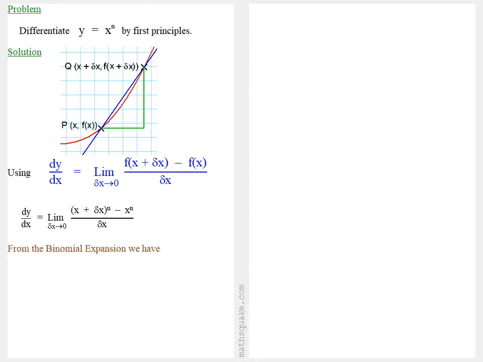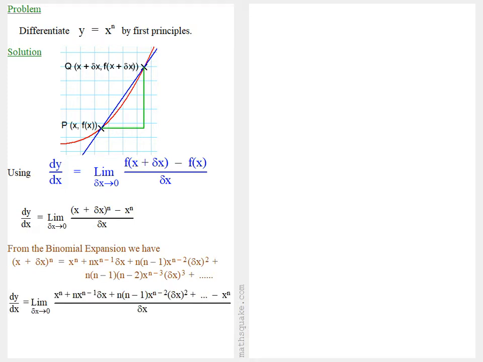Now we can expand the bracket using the binomial expansion. x plus delta x to the n is equal to x to the power n plus n x to the power n minus 1 delta x plus n into n minus 1 x to the power n minus 2 delta x squared plus n into n minus 1 into n minus 2 x to the n minus 3 delta x to the power 3 and more terms.